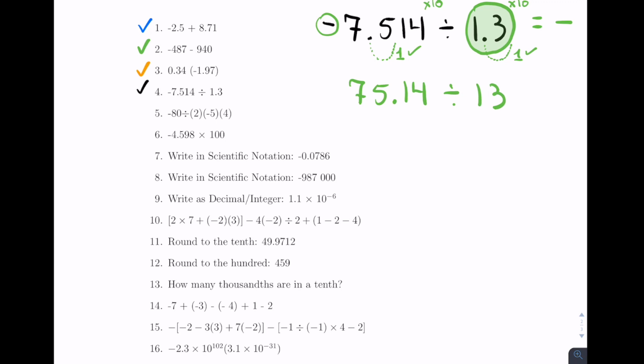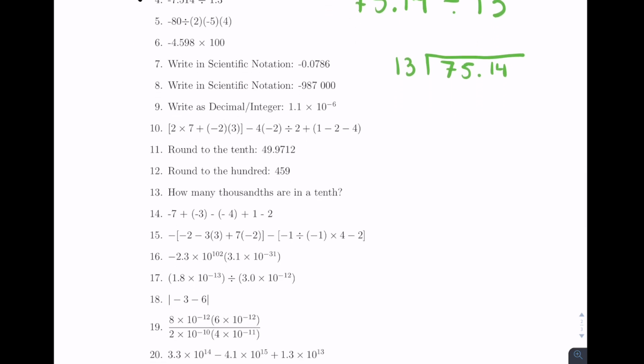And now, unfortunately, yes, I have to do long division. Let's do that. 13 into 75. Now I will be guessing. 13 times 2 is 26, then 39.